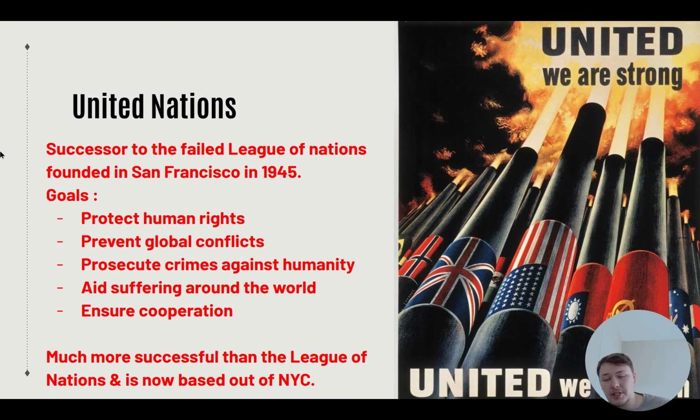The United Nations, they have a couple of goals. Number one is that they published the first widely accepted charter on human rights. They try to stop global conflicts and wars, such as the war in Ukraine or what we're doing right now in Iran. They also are the body which prosecutes war criminals.